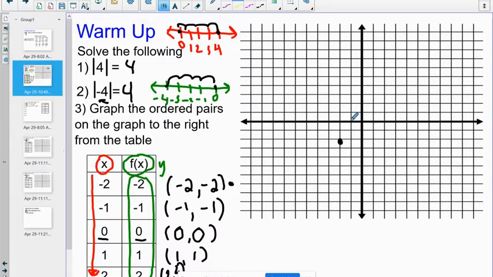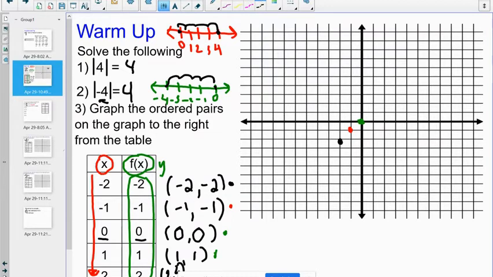So if we have -1 in the x, -1 in the y, that's going to go right here. I'm going to do green for this point here. 0, 0, that is also referred to as the origin. That's that center where your x and y axes cross. Now we have this blue one, which is 1, 1.